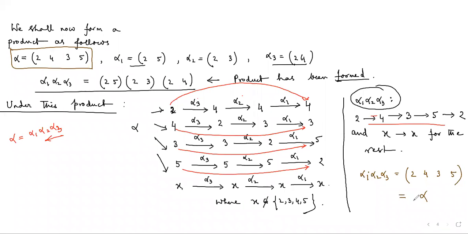So we have found that the cycle alpha is expressed as a product of three disjoint cycles.